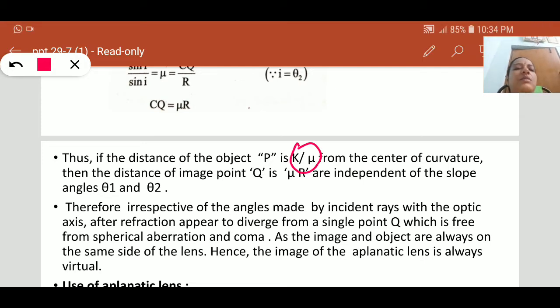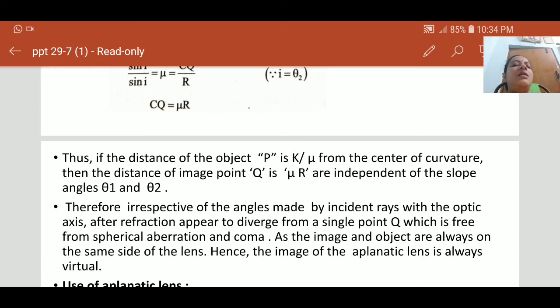So if the distance of the object point p is r by mu from the center of curvature, then the distance of image point q is mu r, independent of the slope angles theta 1 and theta 2. Therefore, irrespective of the angles made by the incident rays with the optic axis, after refraction the rays appear to diverge from a single point q, which is free from spherical aberration and coma.